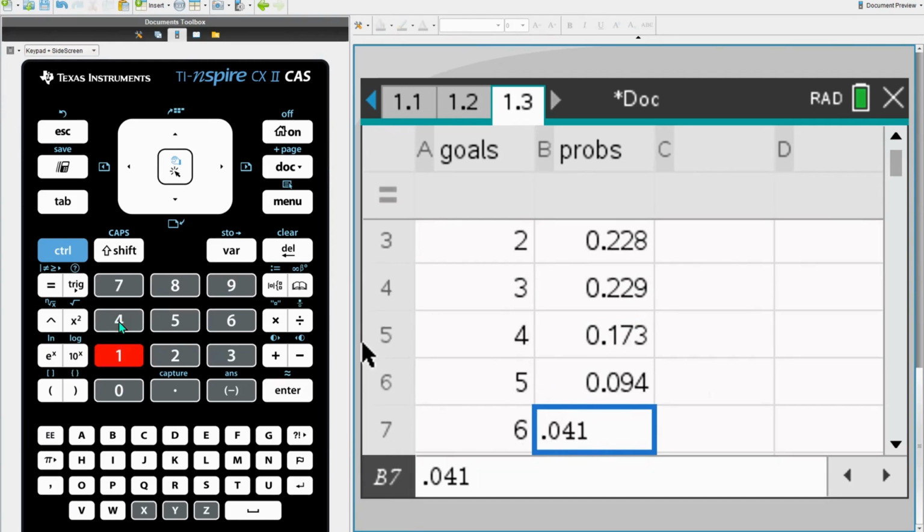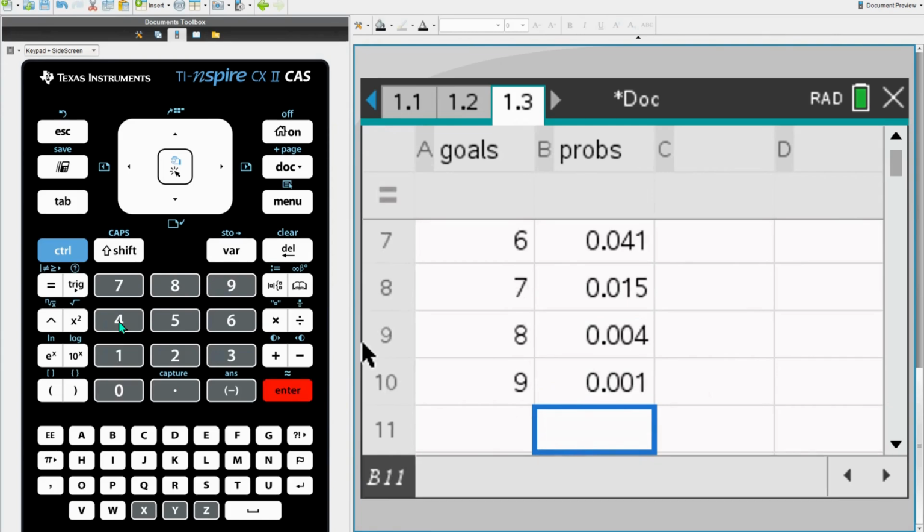This is the one for 6. This is the one for 7. This is the one for 8. And this is the one for 9. So now we have these two lists, essentially the probability model, the values that the discrete random variable takes on, and how often it takes on those values. Now, what do we do with that?